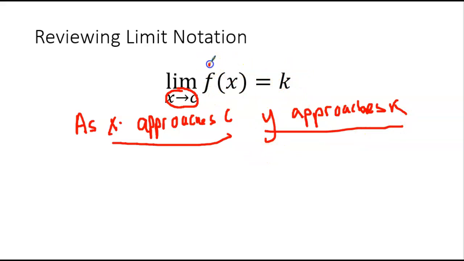And that's represented right here. f of x is y, so f of x now says equals k, but what it really means is that even though it never gets there, it's approaching k. So as x approaches c, y approaches k. That's how we read this statement.